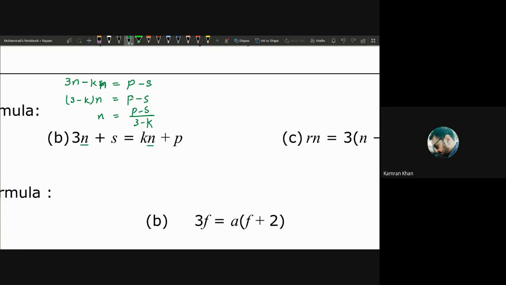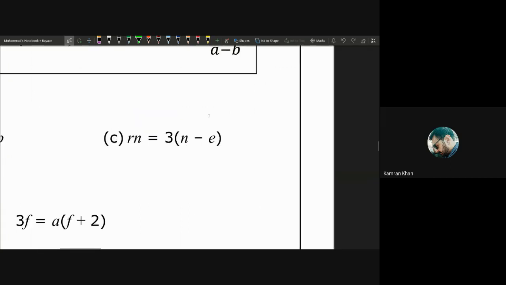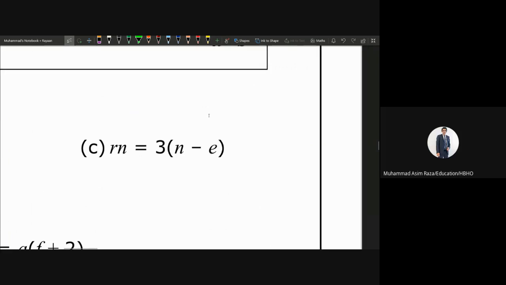Is it clear? Yes, sir. Okay. Then look at this question now. Because again, you have to make n the subject of formula. In order to get this n from here and separate it from the other, first we have to multiply it with 3. First of all, we will expand it like 3n minus 3e.